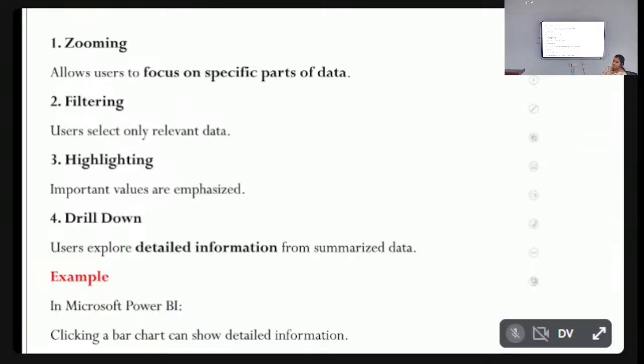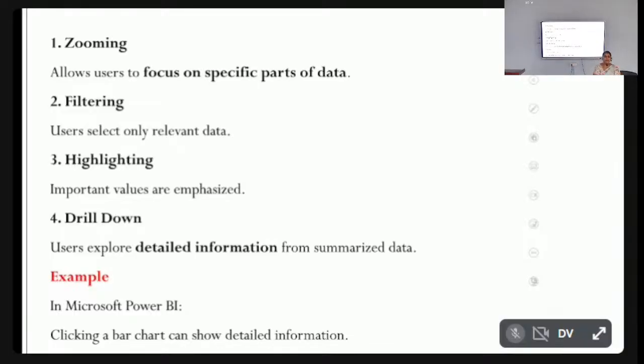Second one is filters. What do you mean by filtering? I remember I told it last time. Filters means removing unwanted data, right? You're filtering the data. Users select only relevant data. Third one is highlighting.